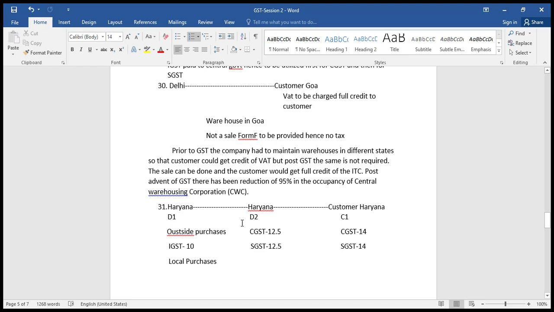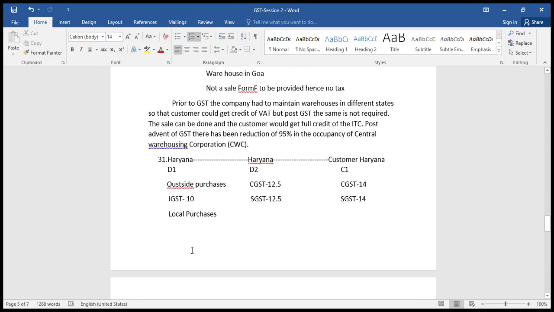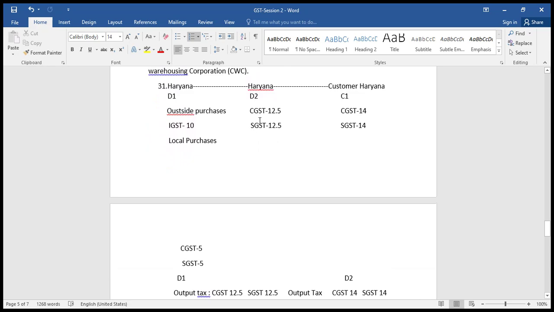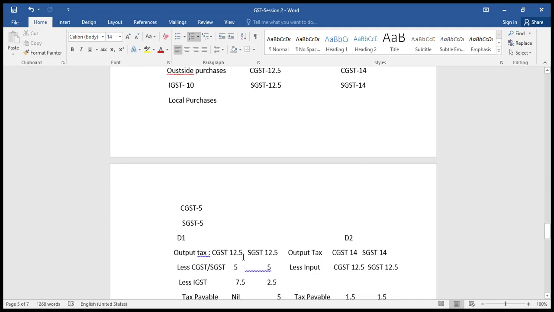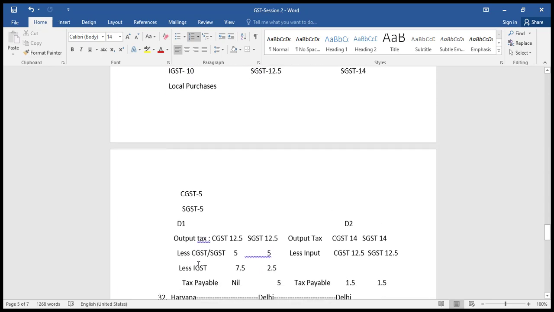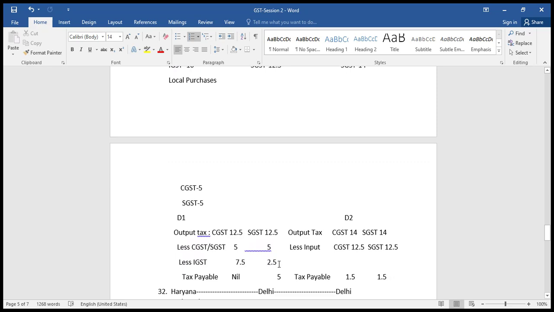Haryana D1, Haryana D2, customer Haryana C1. Outside purchases IGST 10, local purchases CGST SGST 5, CGST SGST 12.5, and CGST SGST 14. CGST 12.5, SGST 12.5, less CGST 5, 5, less IGST 7.5 and 2.5.